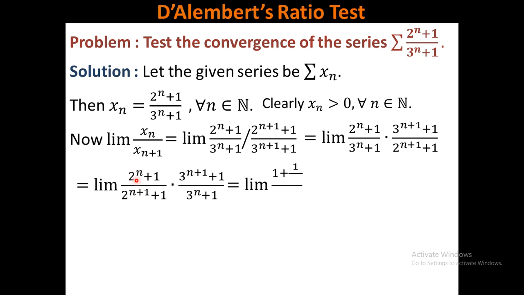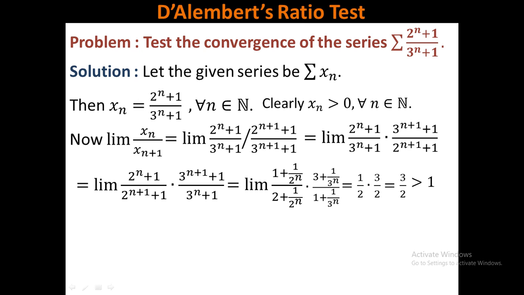So this will be 1 by 2 plus 1 by 2 to the power n, and I divide by 3 to the power n in both numerator and denominator. So in the numerator this will be 3 plus 1 upon 3 to the power n divided by 1 plus 1 by 3 to the power n. As a result, this will be 1 by 2 dot 3 by 1. Actually there is a mistake, I typed 2 here, but this will be 1. As a result, half into 3 by 1, that means 3 by 2.